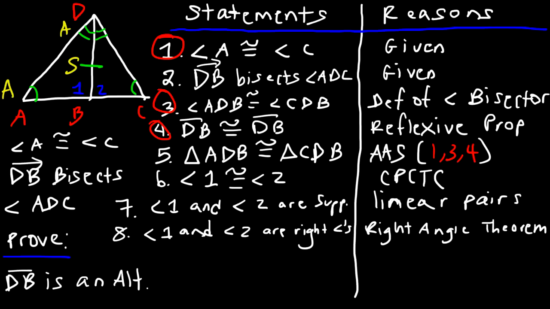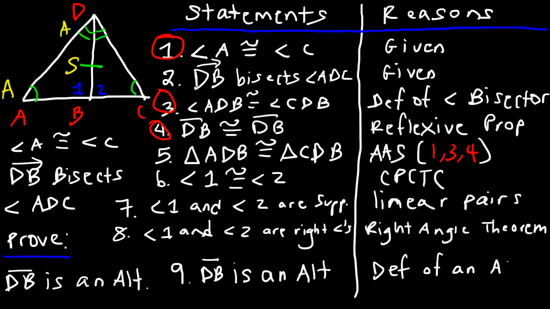So now we can move on to number 9, and that is that DB is an altitude. Now what we can say is definition of an altitude as a reason.